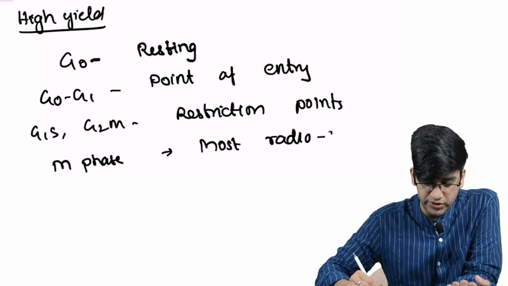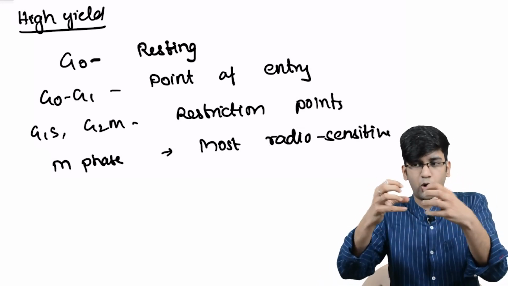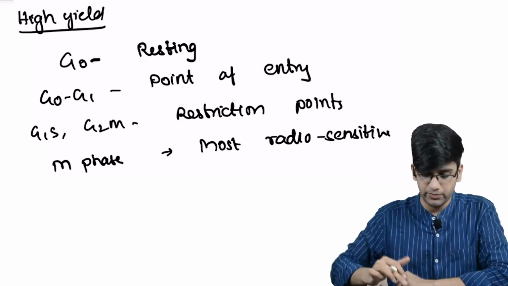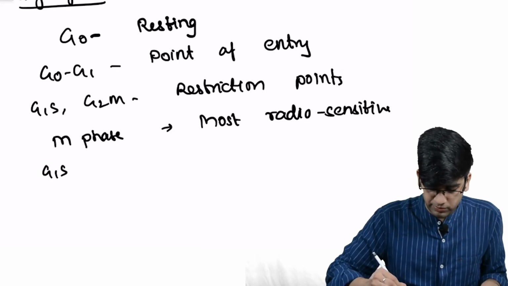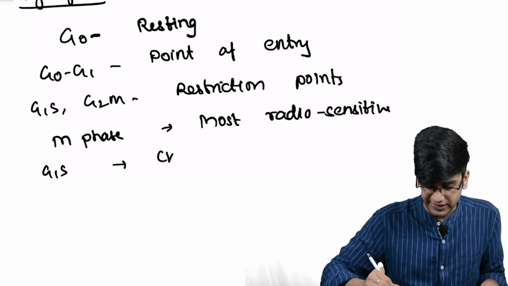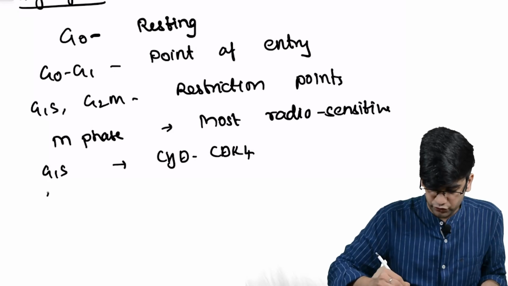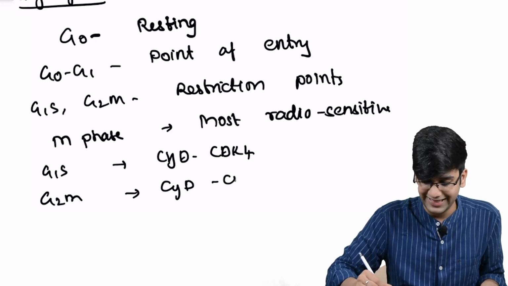It's very sensitive to radiation, because when a cell divides, all these components are a bit fragile. A radiation comes and kills it very easily, right? Okay, and for the G1S restriction point, you have cyclin D with CDK4, and for the G2M restriction point, you have cyclin B with CDK1.